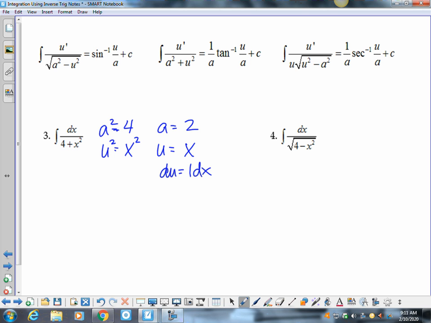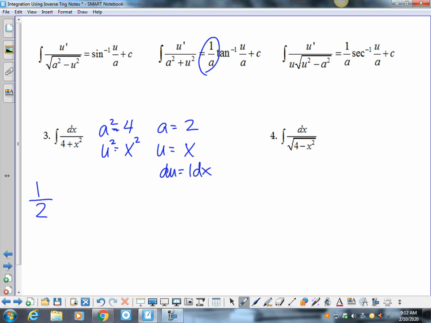Now, tangent doesn't have the extra stuff in his integral, but he does have a little extra stuff in his answer. He has this 1 over a part out front. So we're going to have a 1/2, not because I had to balance anything, but because that's part of his result.